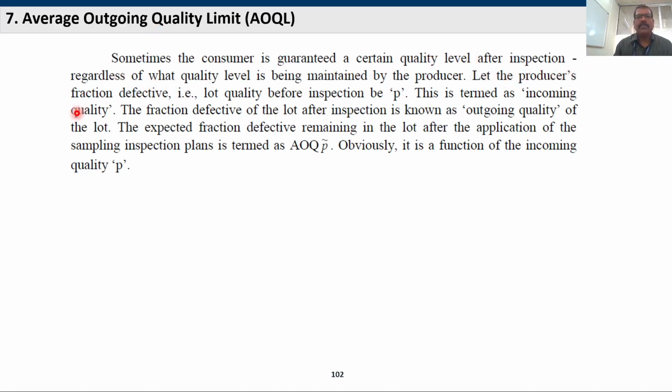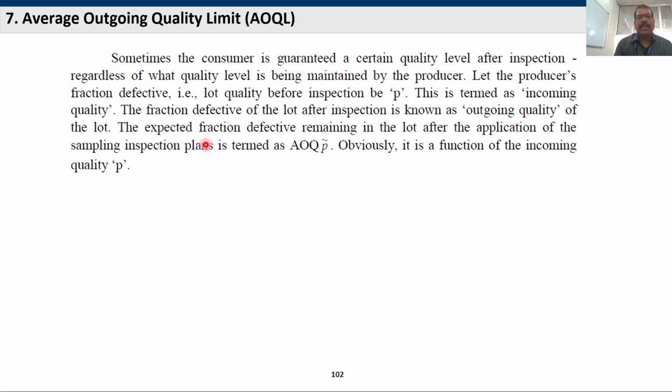Let the producer's fraction defective, that is the lot quality before inspection, be P. This is termed as incoming quality. The fraction defective of the lot after inspection is known as outgoing quality. Yes, after your inspection, if it is going to the consumer, it's the outgoing quality of the lot.